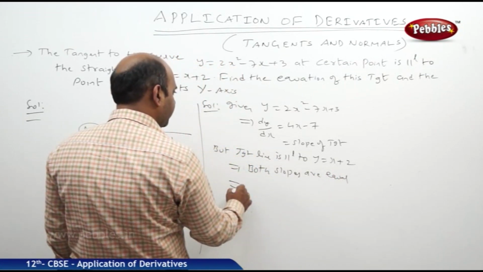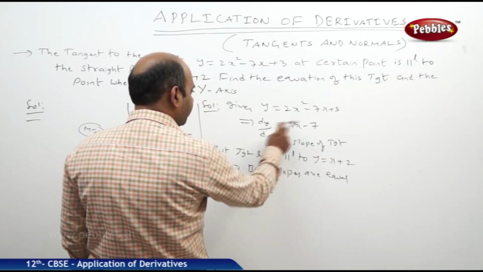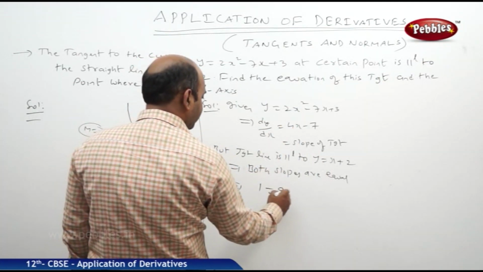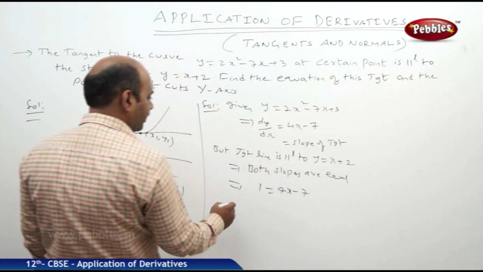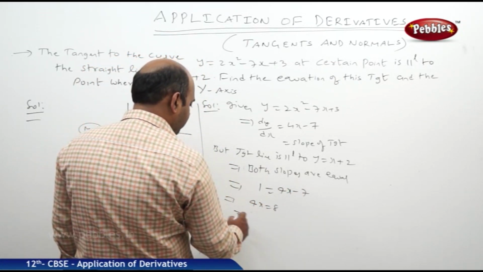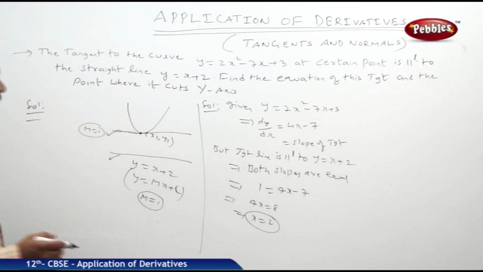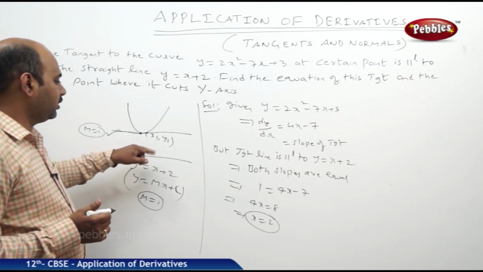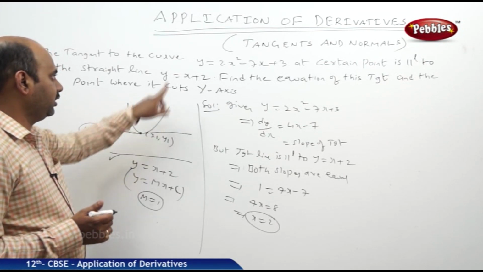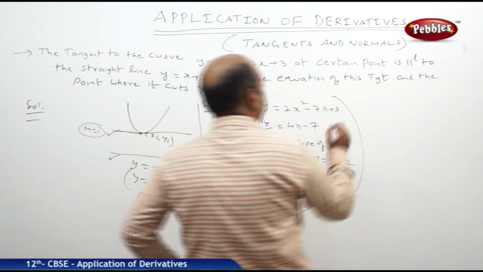Both slopes are equal means the slope of this line is 1 and the slope of our tangent is obtained by 4x − 7. So moving 7 to this side, 4x = 8. That means we obtained x = 2. Now we need to put x = 2 in our curve, then we will get the value of y.